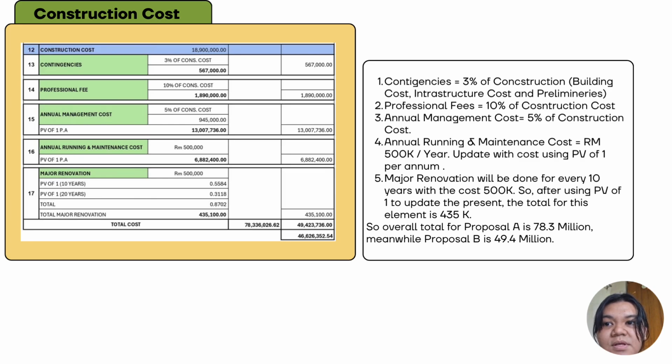This figure will be updated using PV of 1, and the total major renovation is 435,000. The total from the lease costs until the major renovations for proposal A is 78.3 million. Meanwhile, proposal B is 49.4 million.